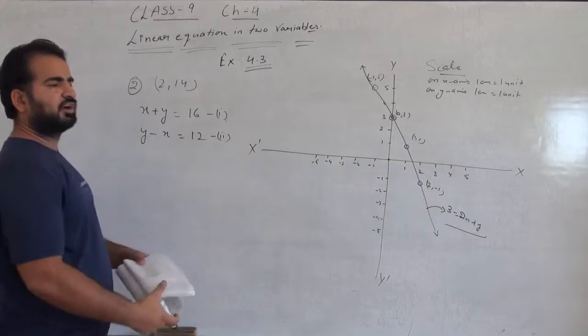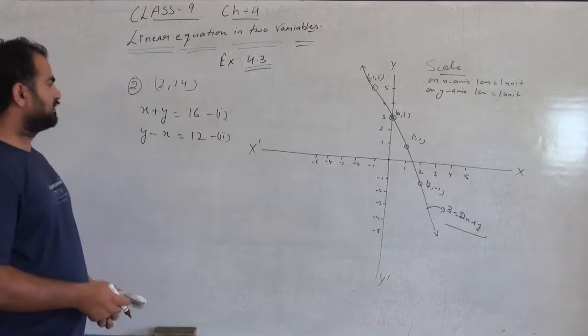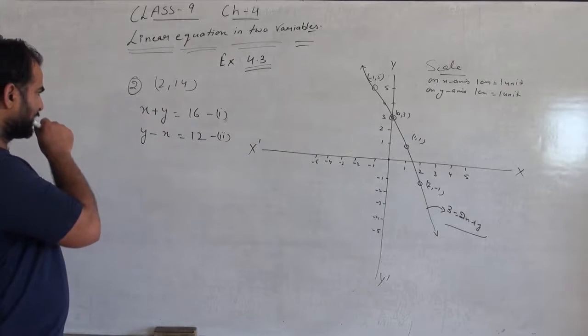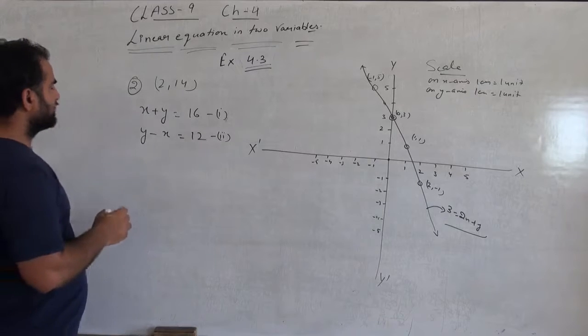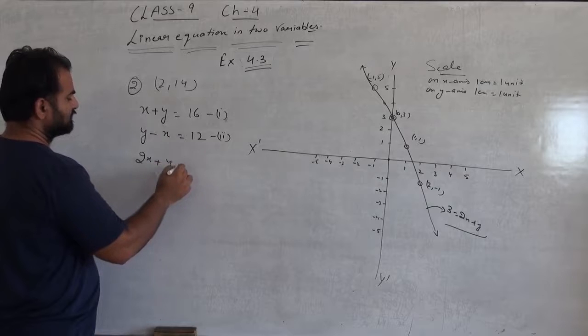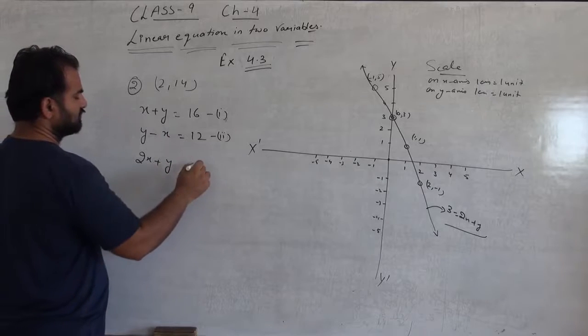So how many equations can we make? We can make one more, like we can say 2x plus y equals to 18.